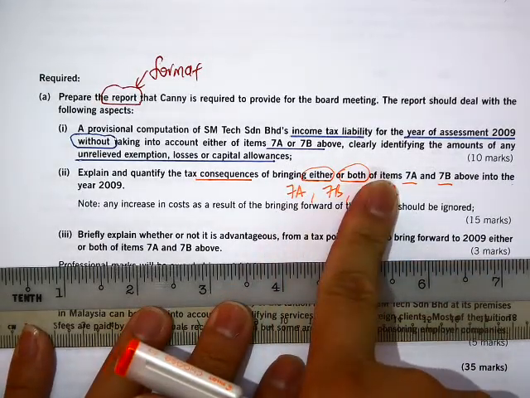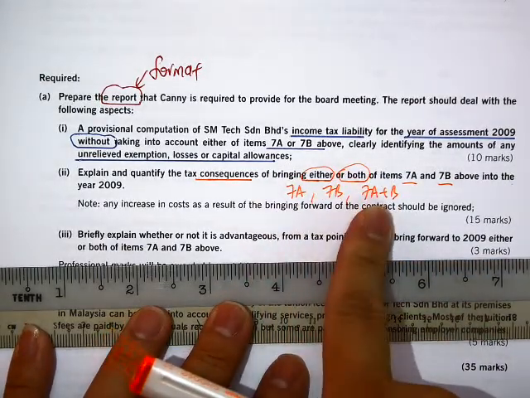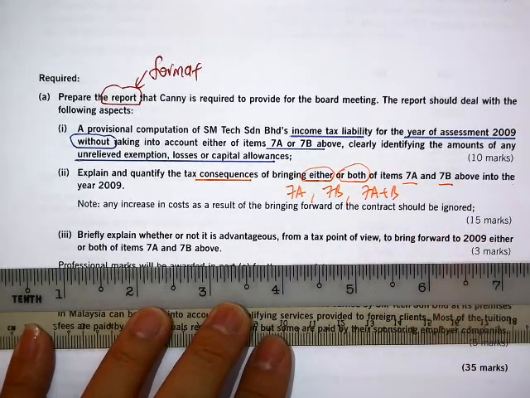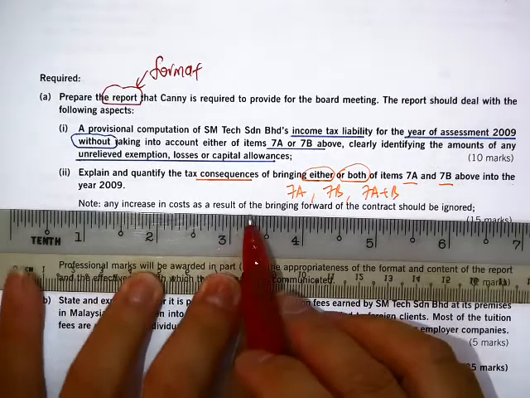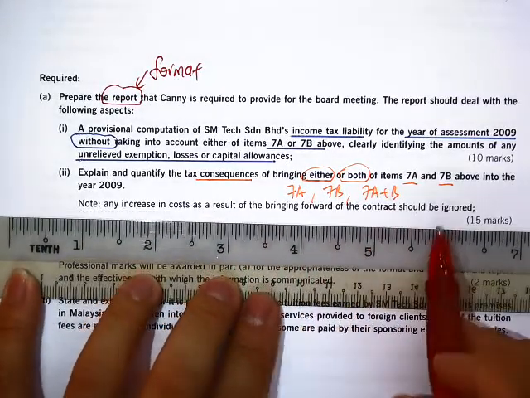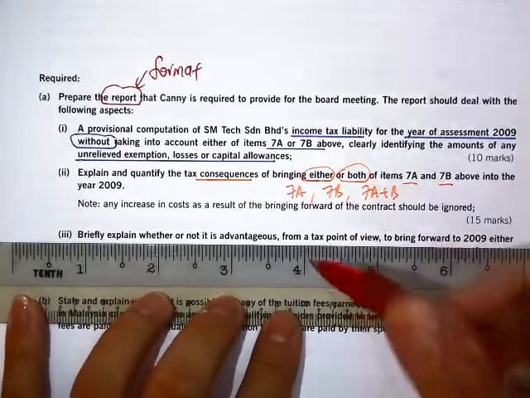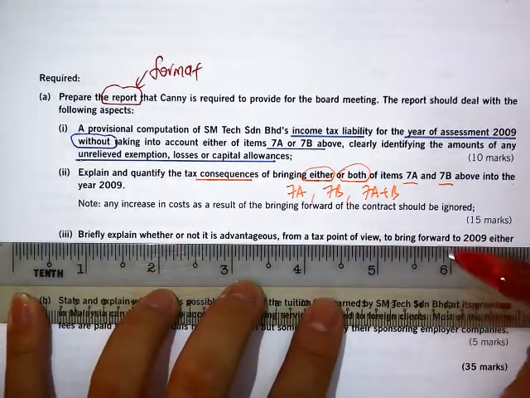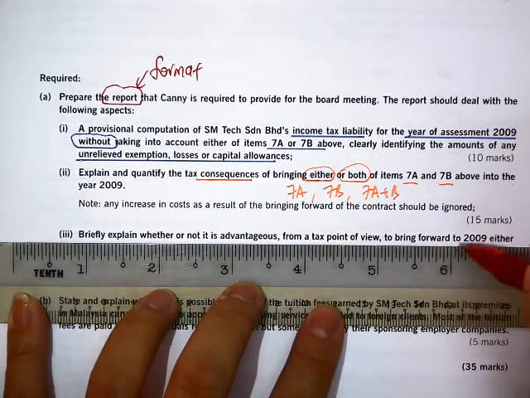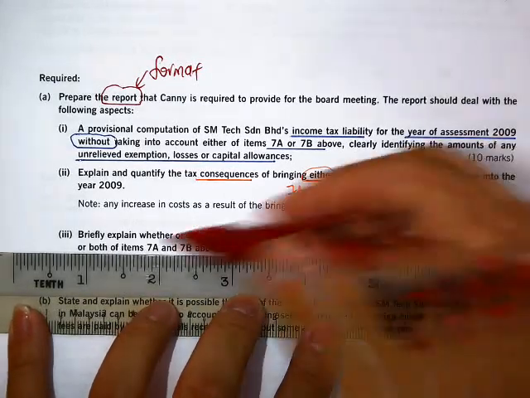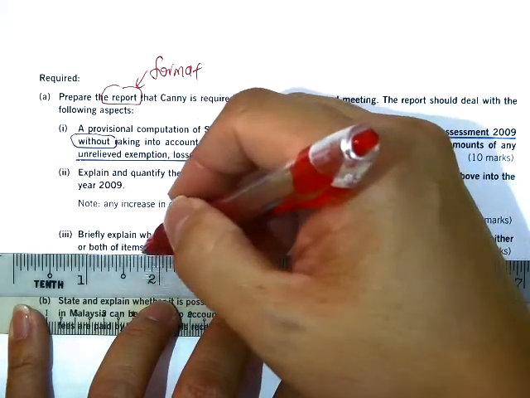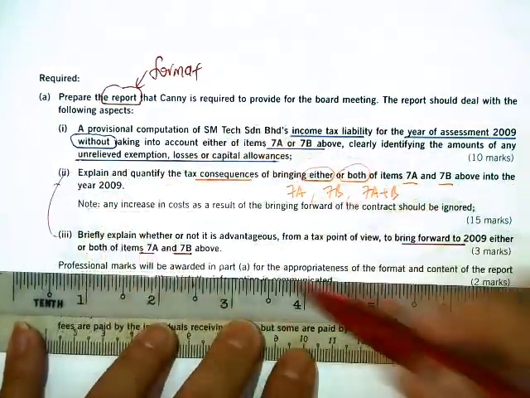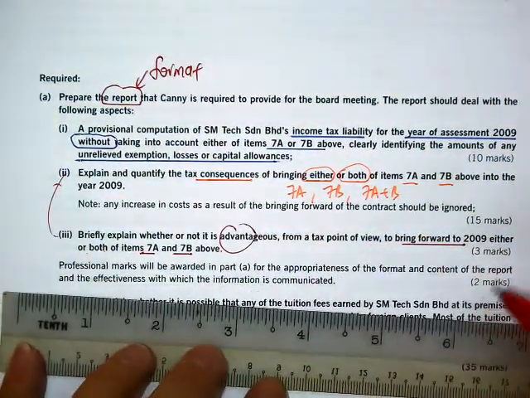Either or both. That's what they're asking. Any increase in cost as a result of bringing forward the contract should be ignored. Now briefly explain whether it is advantageous from the tax point of view to bring forward to 2009 either item A or A and B above. That means you can explain whether it is better or not.